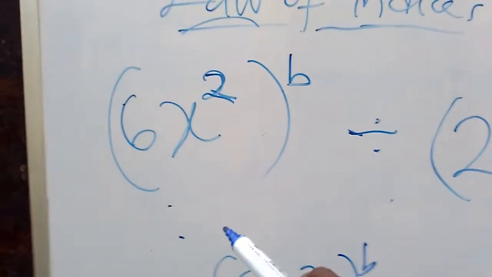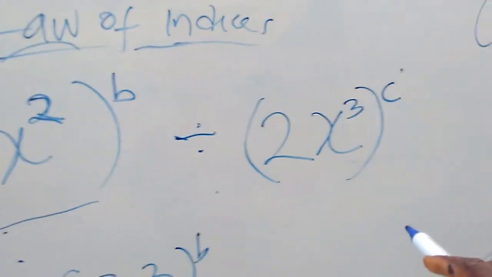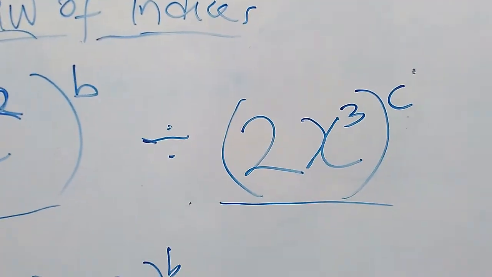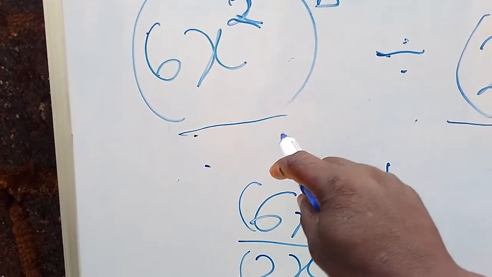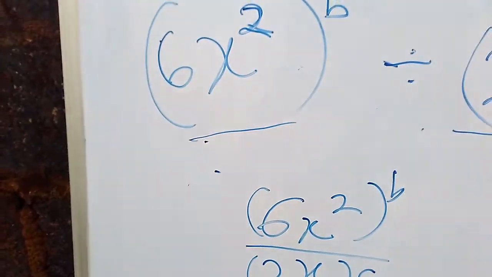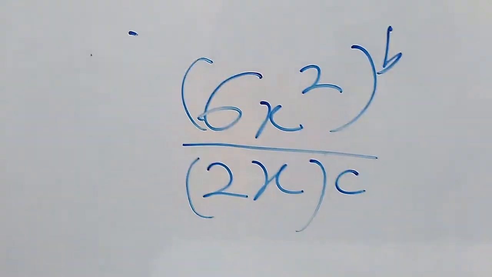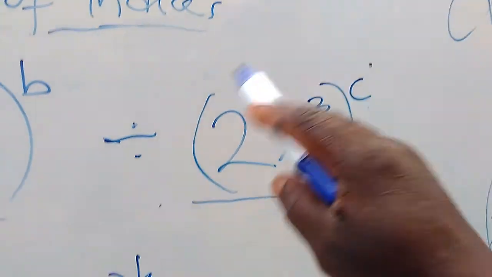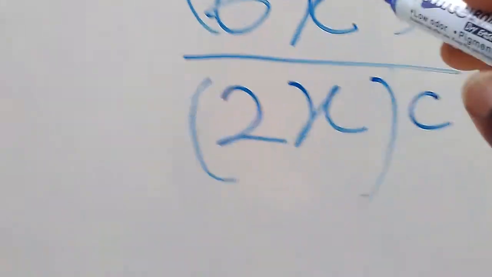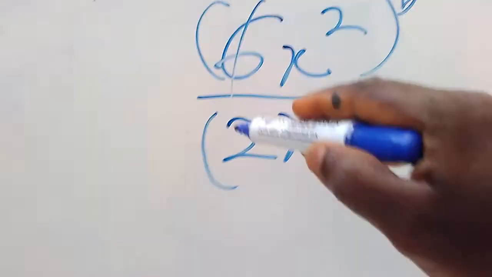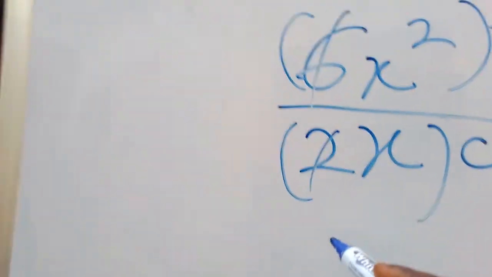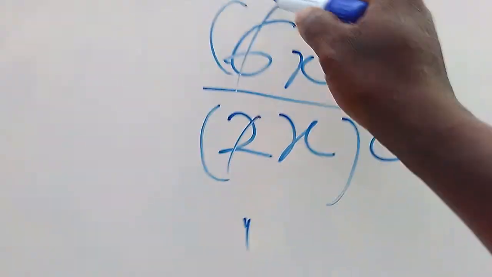This divided by this. So we give you this whole indices divided by, all over, this whole indices. So here we now divide. This 2 here is 1. This 2 here is 3.